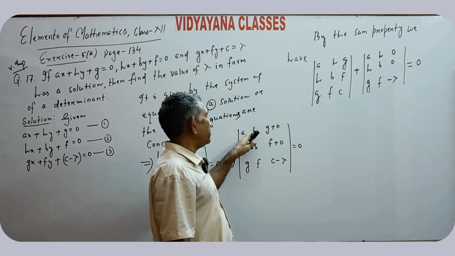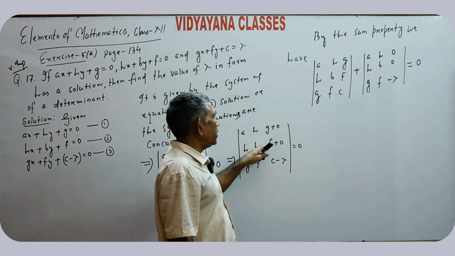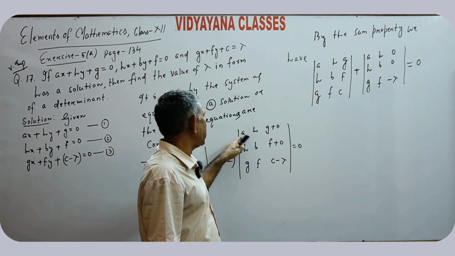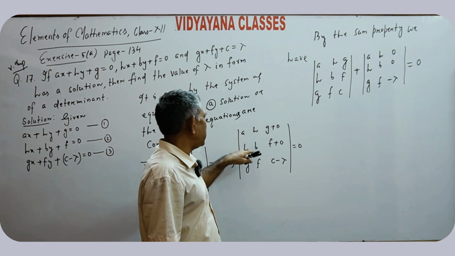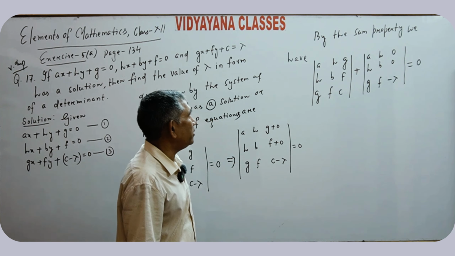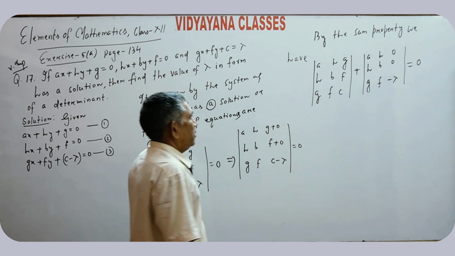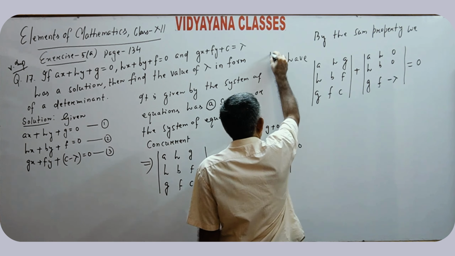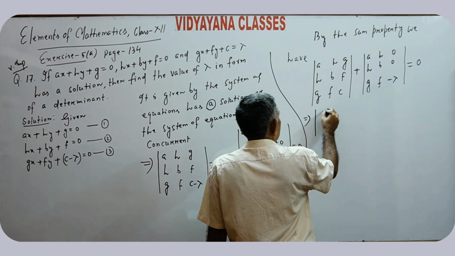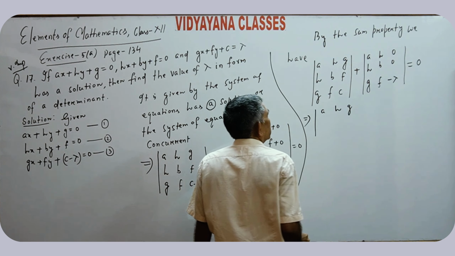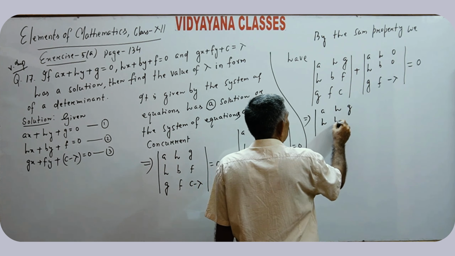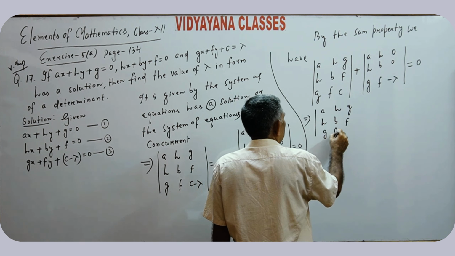One determinant AHG HBF GFC, another determinant having elements AHG HBF 0 0 minus lambda by the sum property.